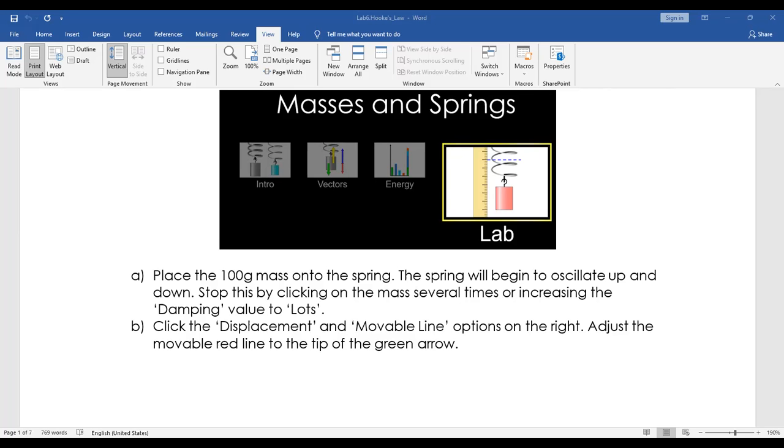F is the applied force. x is the stretched length, the extension of the spring length, not the spring constant. This is the kind of statement we're going to check.